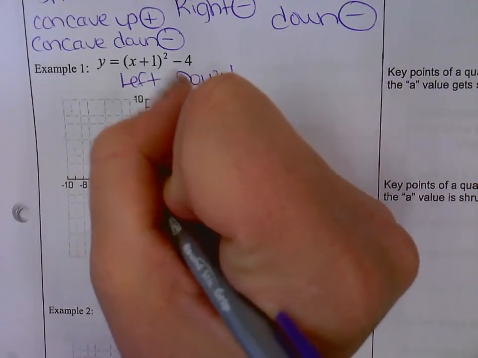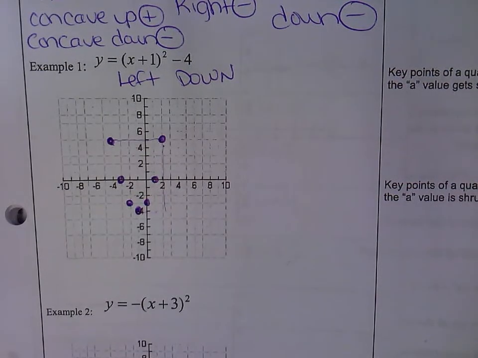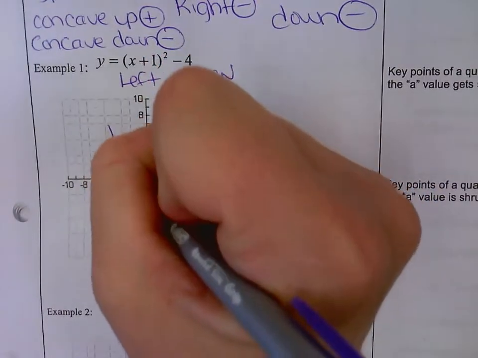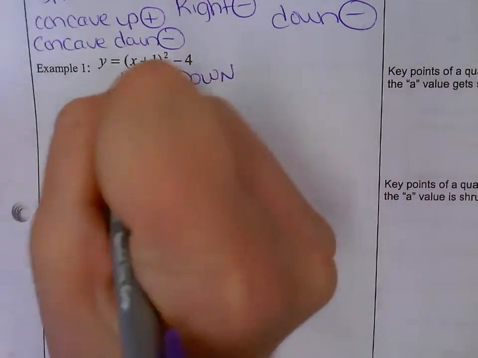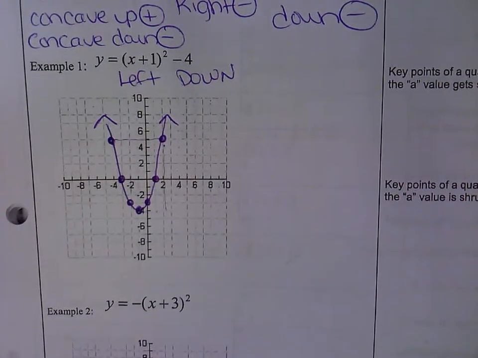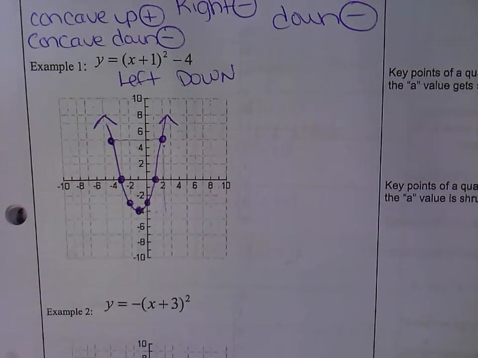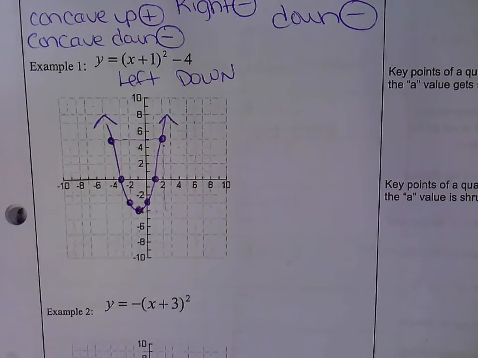So if I add 9, I'd be at positive 5. There's my parabola that's been shifted left 1 and down 4. On Monday, we're just going to be practicing with a quadratic over and over again, graphing a transformed function on the graph.